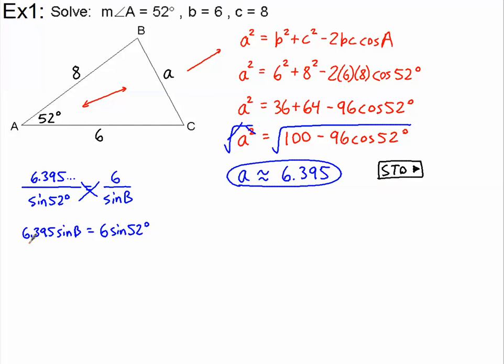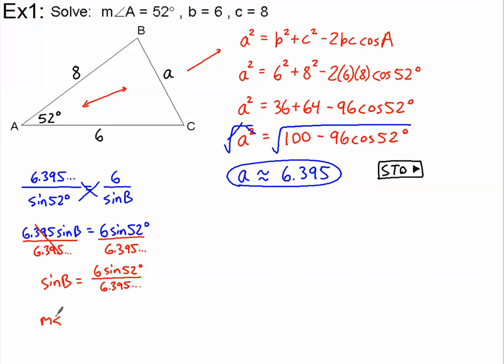Trying to find B, so I'm going to get rid of this number, this 6.395. Oops, I forgot a little dot, dot, dot. Again, that's just a symbol for me. And I have the sine of angle B is equal to 6 sine of 52 degrees divided by 6.395.